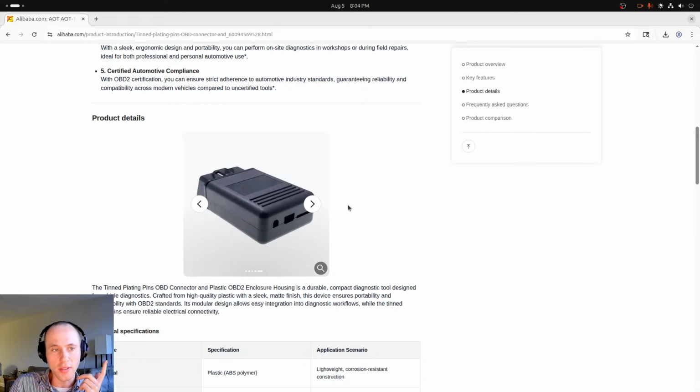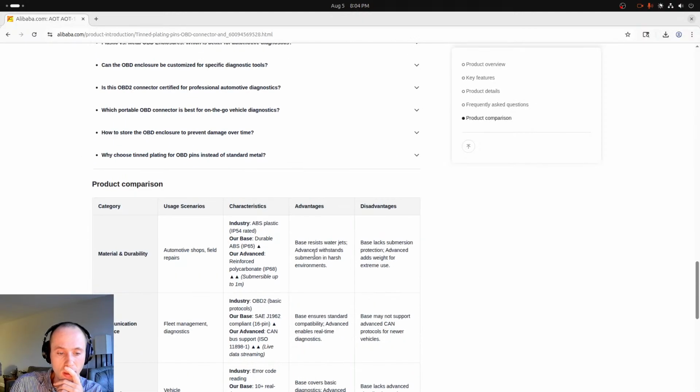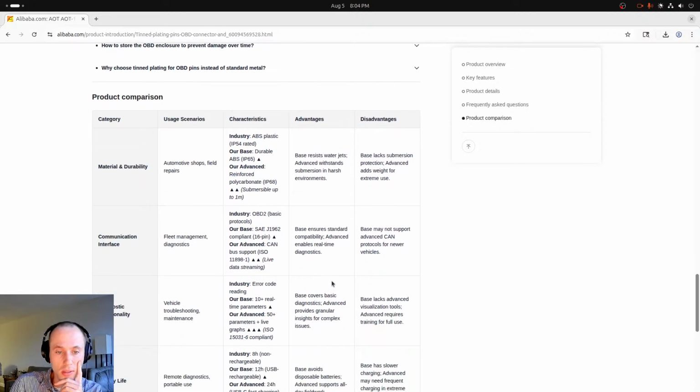This looks like it's just the case, so I don't understand what's going on. I don't understand what a lot of these advantages, disadvantages are.